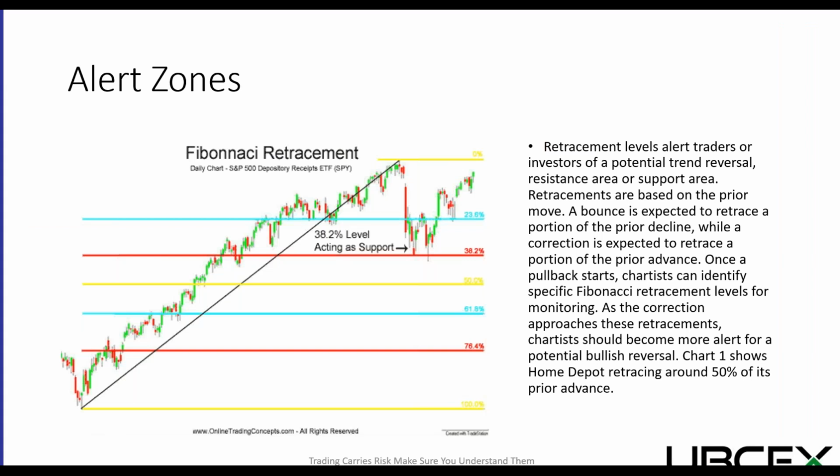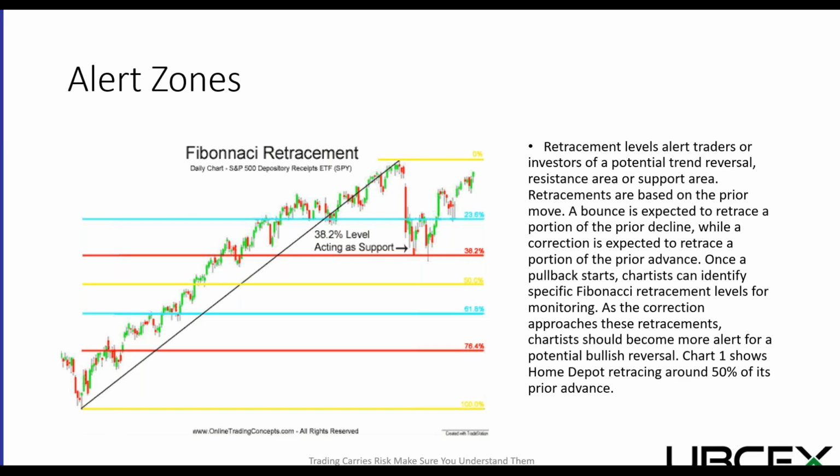So remember, these are alert zones, because retracement levels alert traders and investors of potential trend reversals. Retracements are based on the prior move. A bounce is expected to retrace a portion of the prior decline, while a correction is expected to retrace a portion of its prior advance.